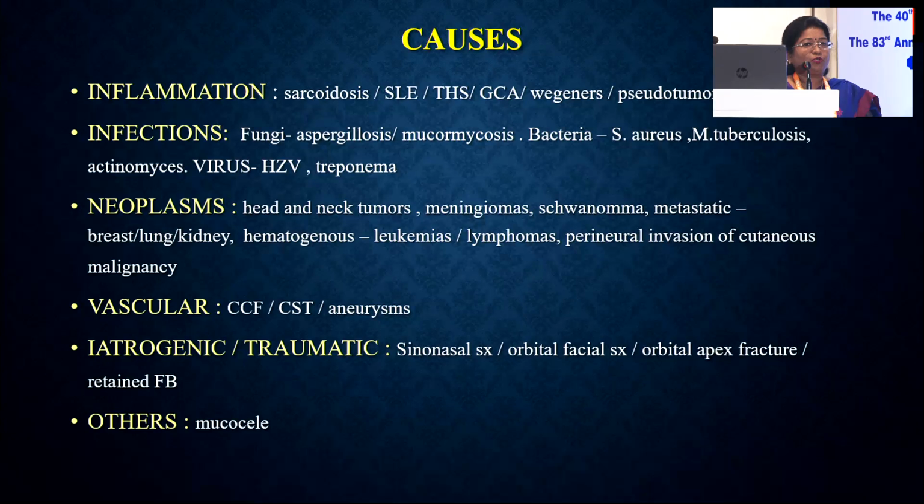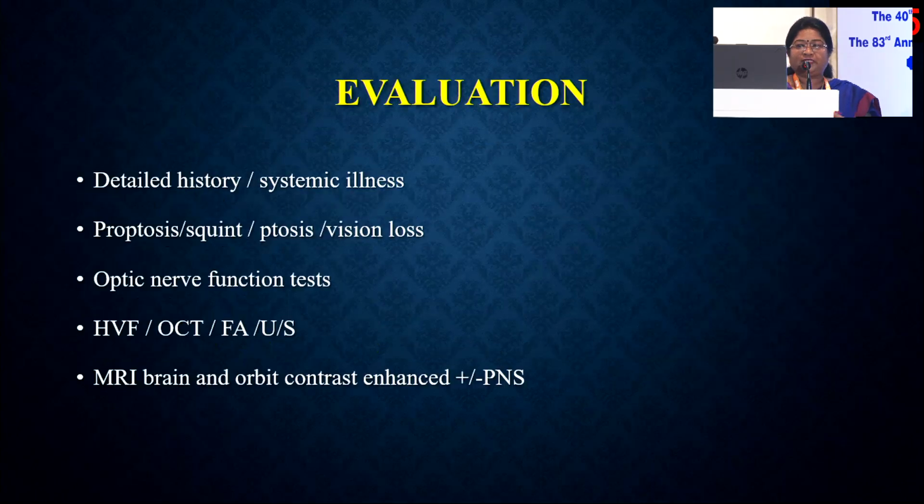There is a list of causes which I may not go into. These are the common ones we encounter in clinical practice, from inflammation to mass lesions to infection to vascular lesions, and post-traumatic or, unfortunately, after a few iatrogenic ENT surgeries.